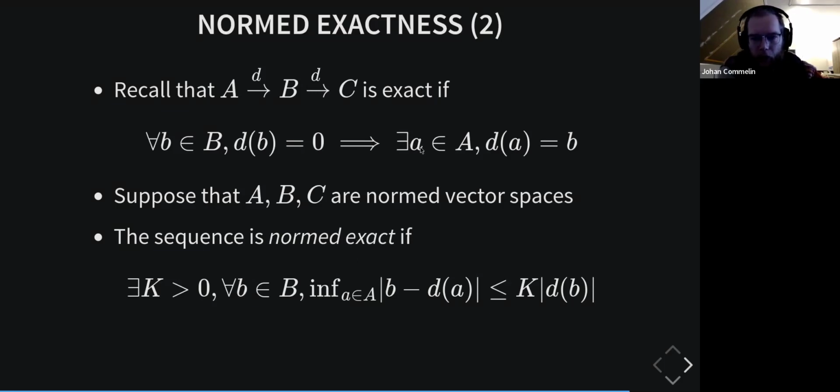The right-hand side had this existential, and dA equals B. So we get the infimum over all A of the distance between dA and B. In other words, the norm of B minus dA, because our metric is coming from a norm. And on the left-hand side, we just have this equality, dB equals 0, and that's just going to be the norm of dB.